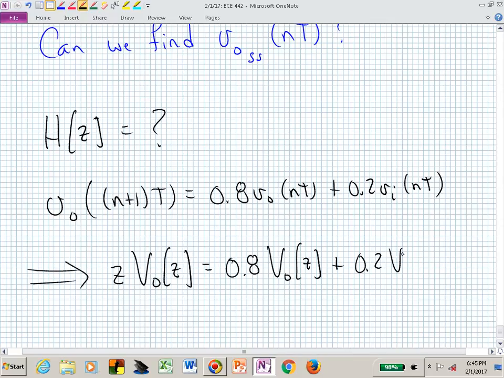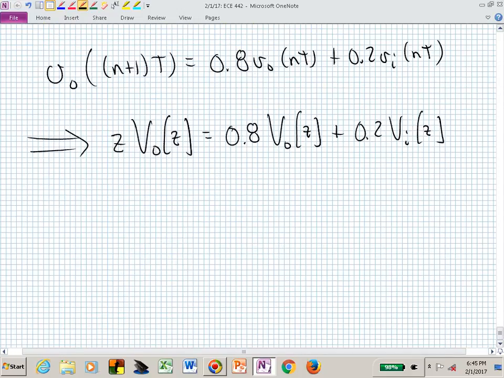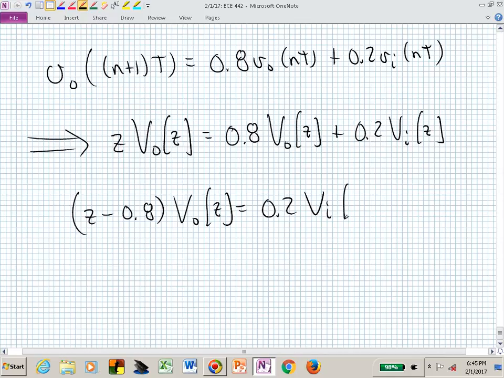Likewise, we now have capital V sub I of z. What are we trying to do? We're trying to find this ratio of V naught over V I to find the transfer function. Or we now have z minus 0.8 V naught of z is equal to 0.2 V sub I of z.